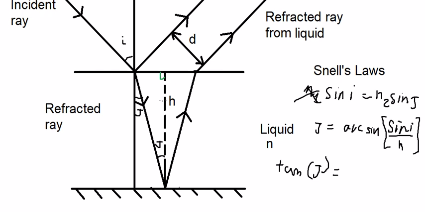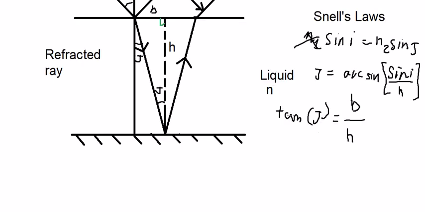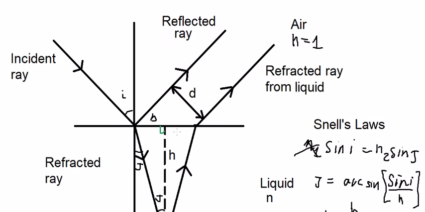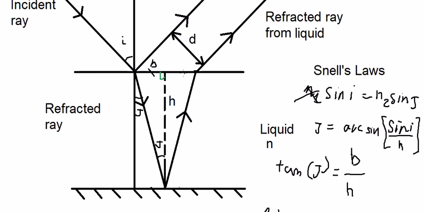So we got B, the length here, divided by H. So we put H here. This one we have the same value.